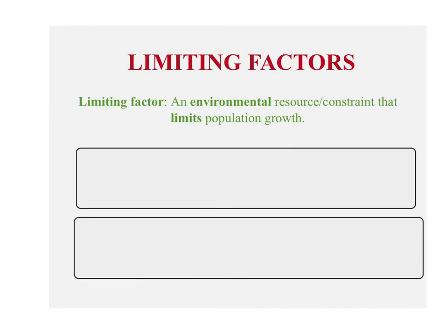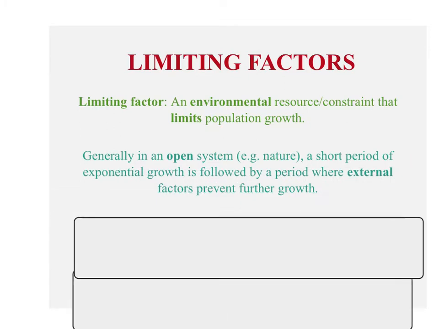So the limiting factors are things that we're going to spend a little bit more time looking at now over the next few slides or so. And the limiting factor is a constraint of the environment that is going to limit that population growth. Now, generally in a system that is open, i.e. things can move between places, we see a period in populations of really rapid growth. We almost call it exponential growth, although it does stop and slow.